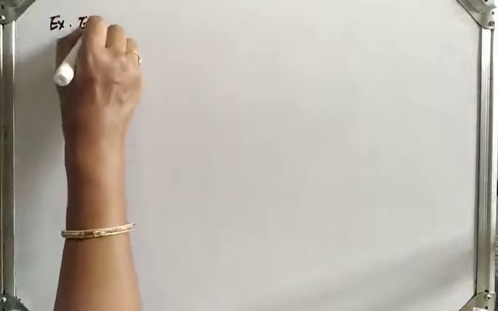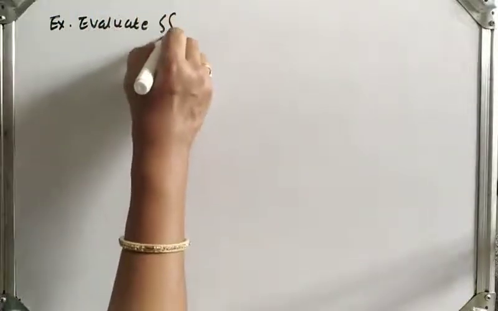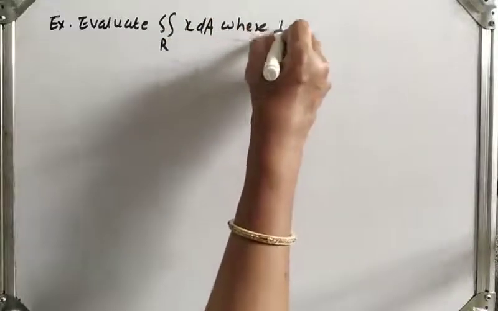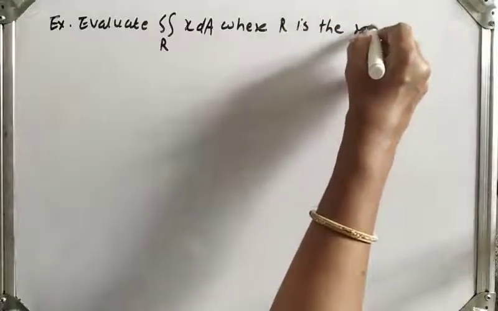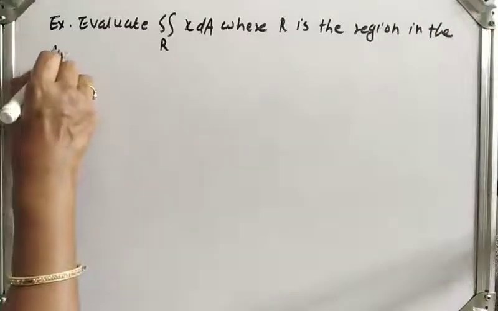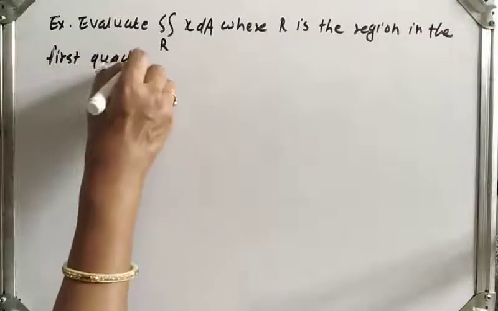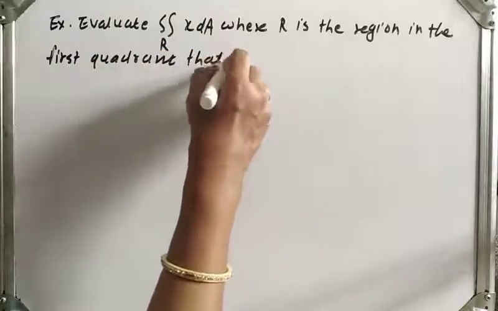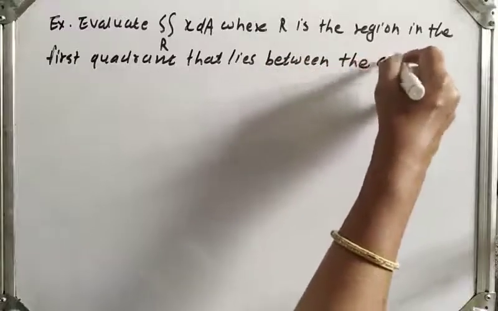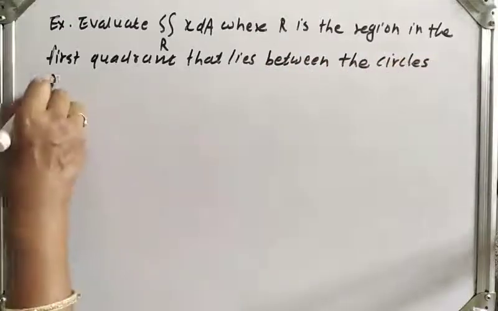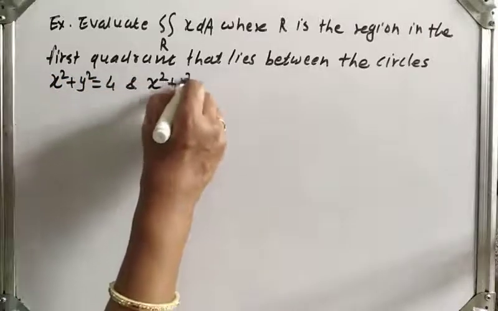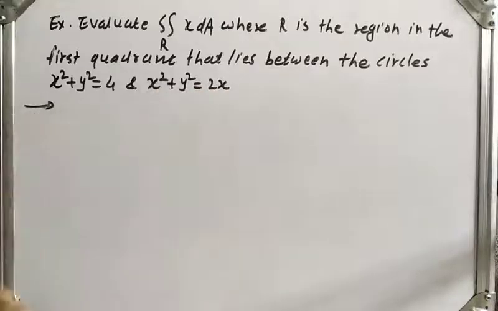Hello students, let's solve more examples on polar coordinates. Example: evaluate the double integral over R of x dA, where R is the region in the first quadrant that lies between the circles x² + y² = 4 and x² + y² = 2x.